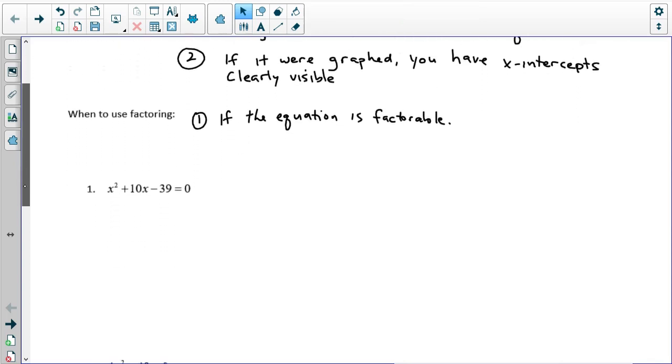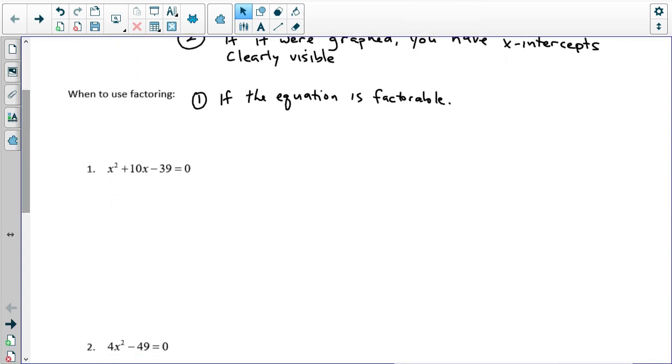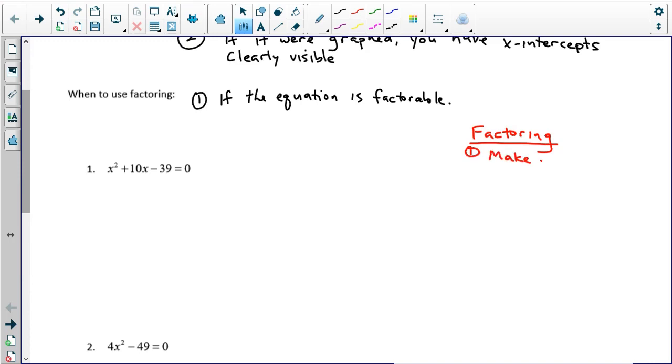So once again, just a couple reminders before we go into it. If we are factoring, we have to make the equation equal to 0. So in other words, get everything on one side.